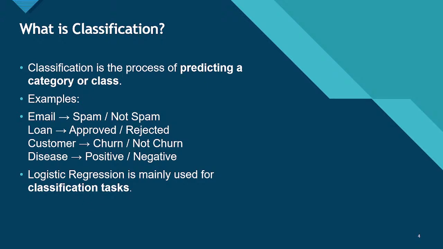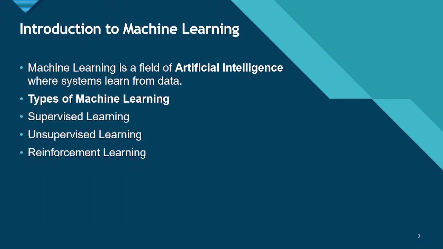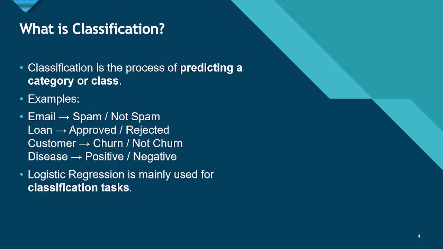Today's topic is logistic regression. First is the introduction to machine learning, and second is what classification is. Classification has types such as linear regression and logistic regression, correct?